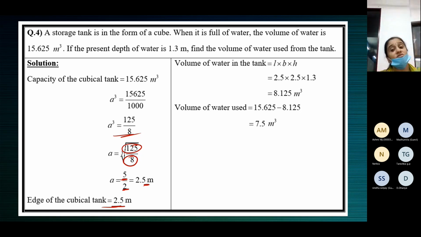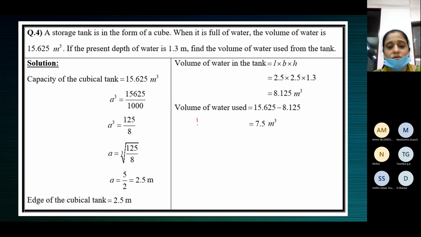So what height of the water is used? 2.5 minus 1.3. 1.2 is used, correct? That height 1.2 is used. 1.3 is remaining.